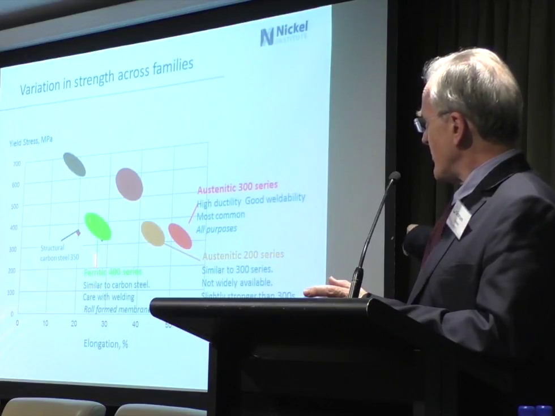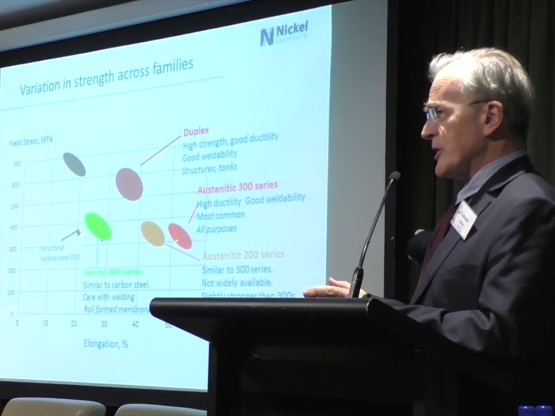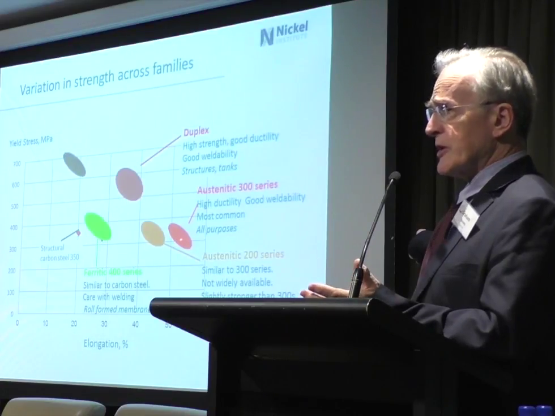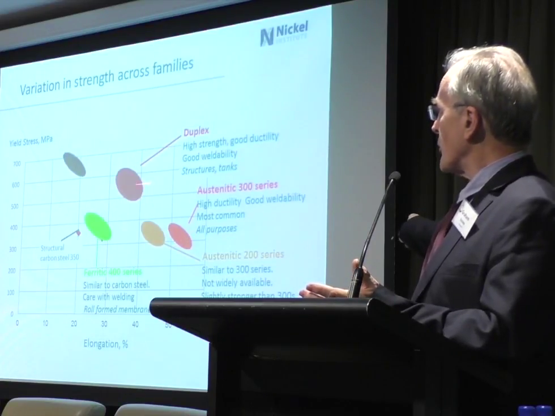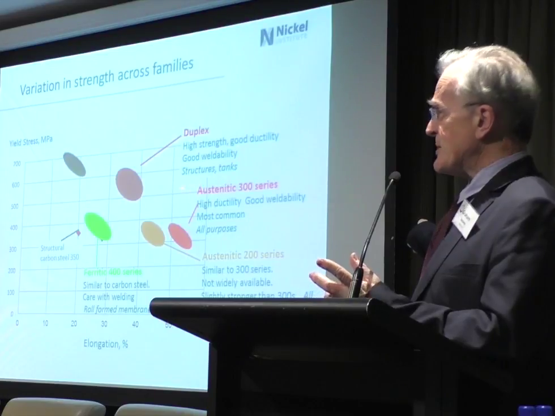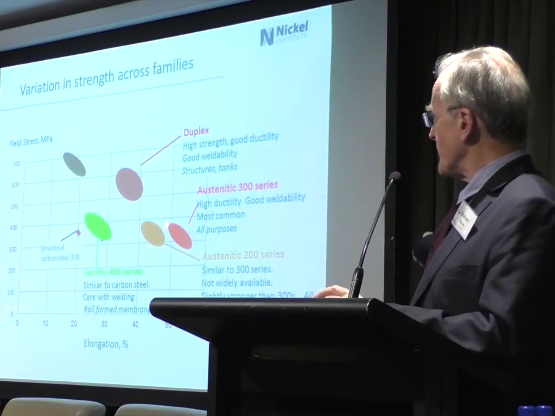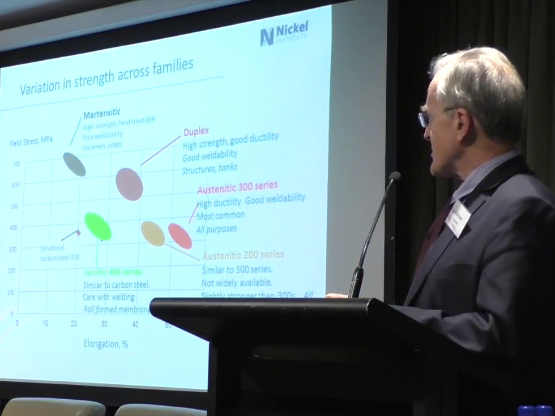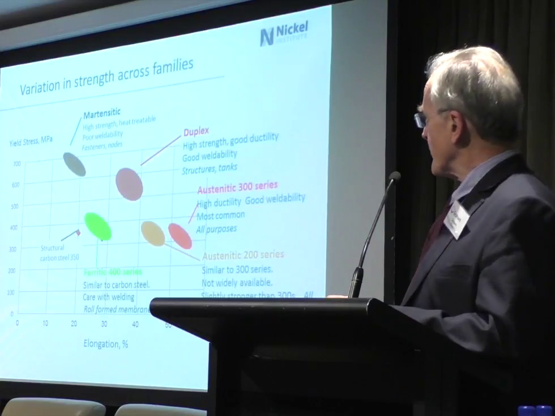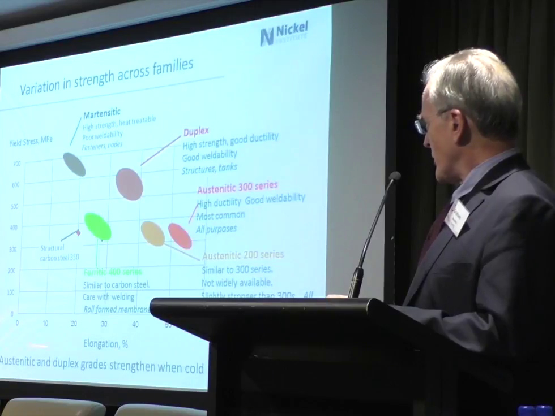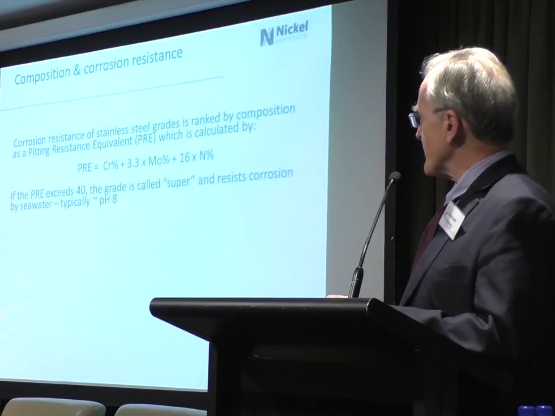And the ferritic ones about half. The duplexes, about double the strength. So if you want lots of strength in a rebar, you may well look at going for a duplex, particularly for reasons I'll talk about in a bit. And the martensitics, no, not usually. Not much corrosion resistance either. So austenitics and duplex grades are the ones.